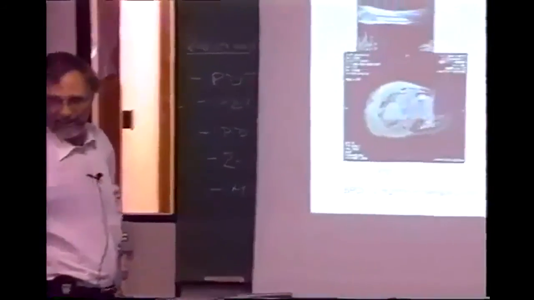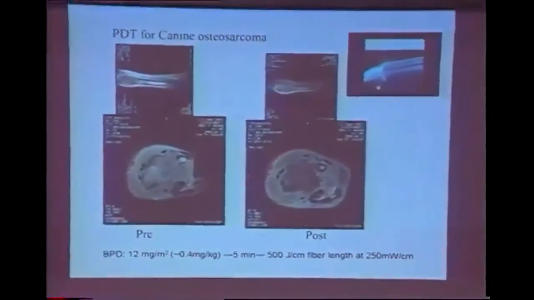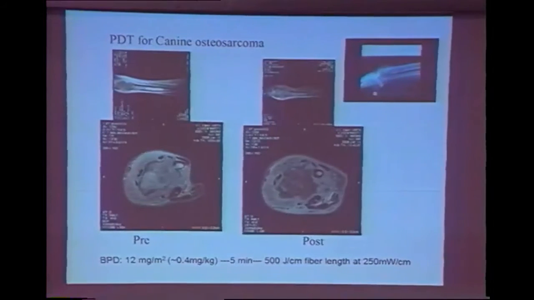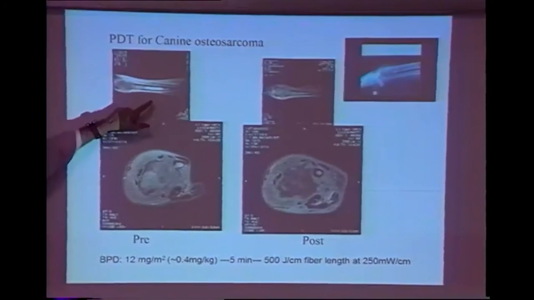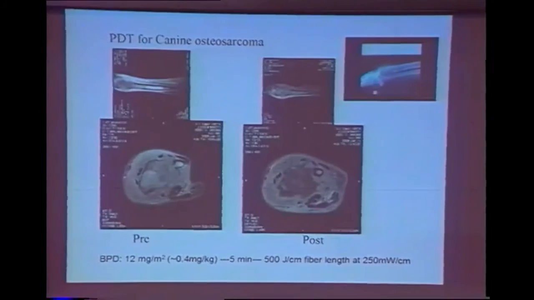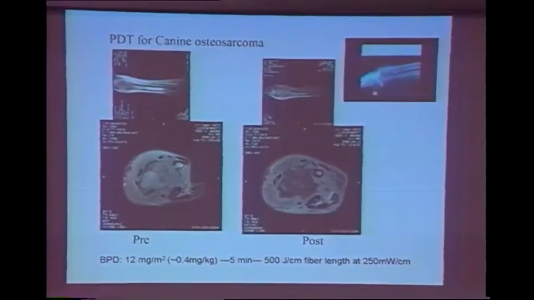And very finally, I want to show you one veterinary application. So this is PDT for canine osteosarcoma. This is not on your printout, I just put it in to show you. So this is a dog with osteosarcoma, a tumor in the bone, and these are MRI images.